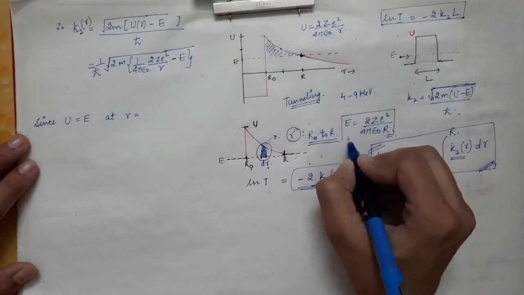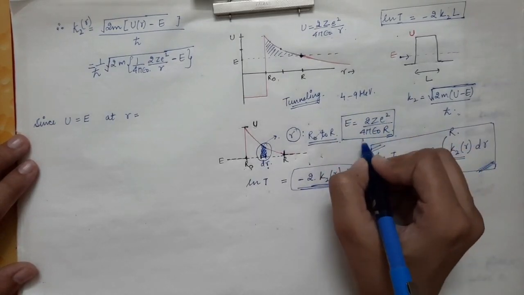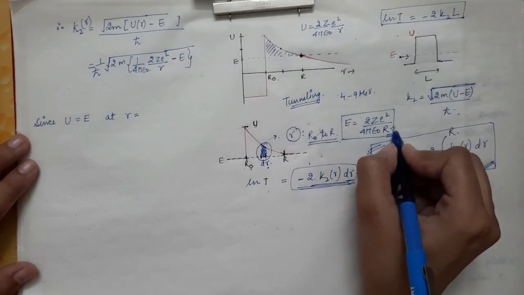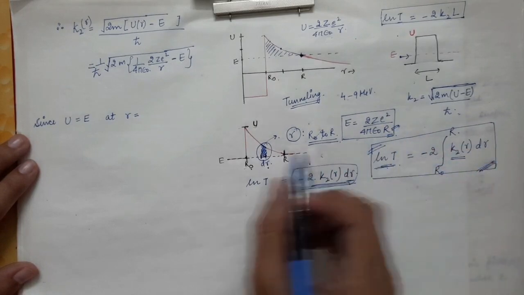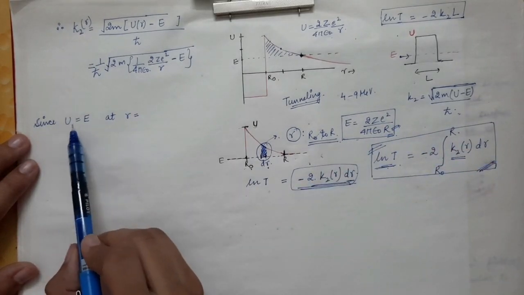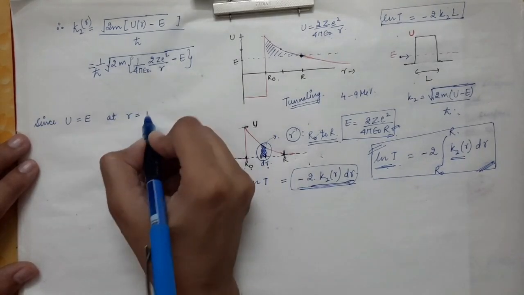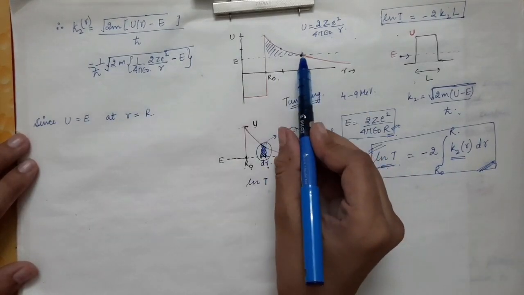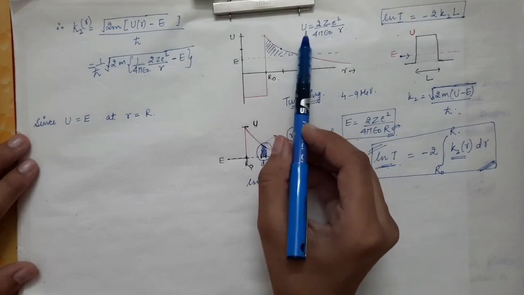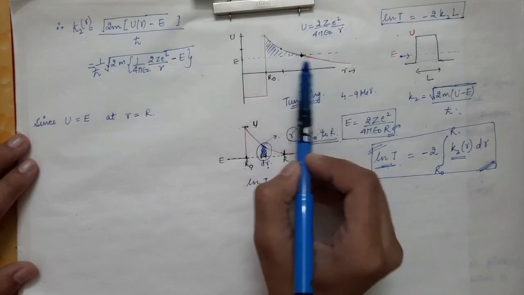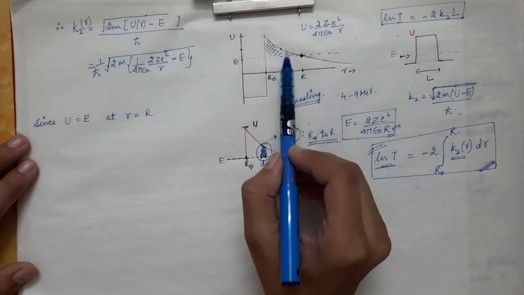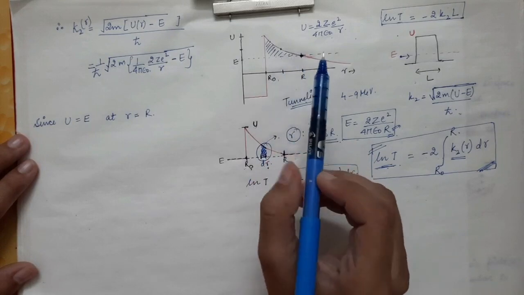That will come out to be equal to 2ze square divided by 4 pi epsilon naught capital R. This comes from the concept that u is equal to E at small r equal to capital R. So when small r is equal to capital R, u will be equal to E. The two curves are intersecting at this point.